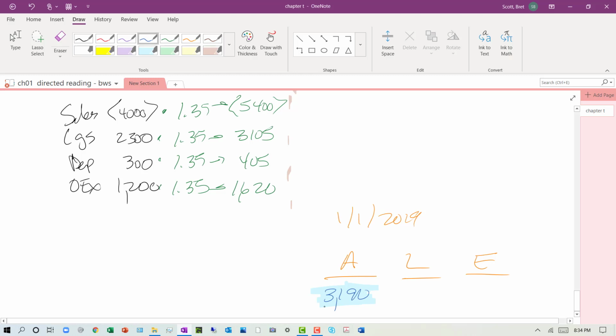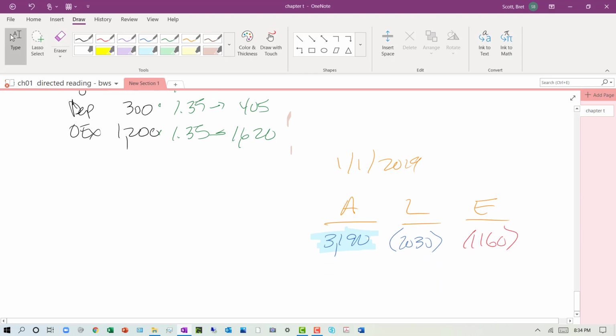And the liabilities, there was only one liability, and that amount was 2,030. And my overall equity was 1,160. Now, when you net those things together, you will see that assets equals liabilities plus equity.